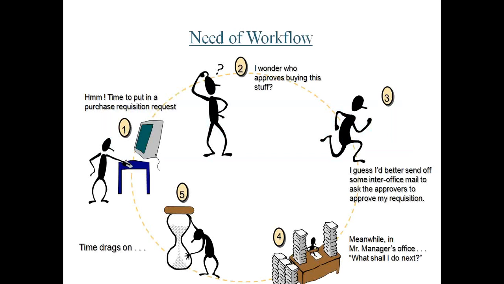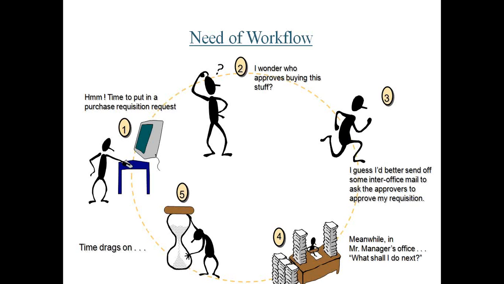Coming to the need for workflow, as I have already discussed with the leave application, here is a very simple example presented over here. First, a purchase requisition request was dropped. This request was sent to, suppose, the manager of the company. In the second step, I determine who is going to approve it.